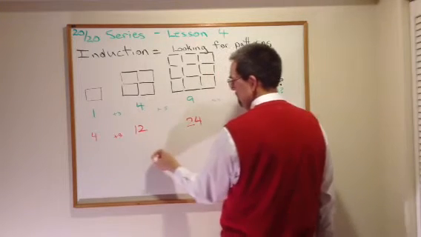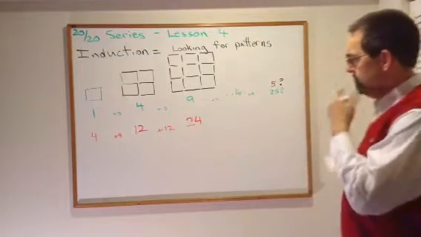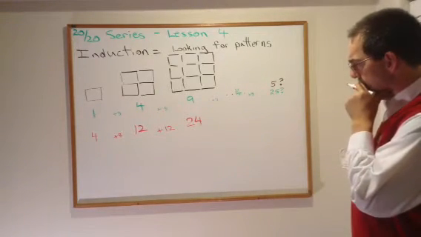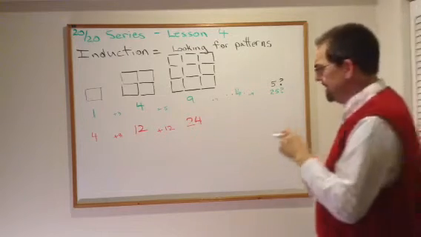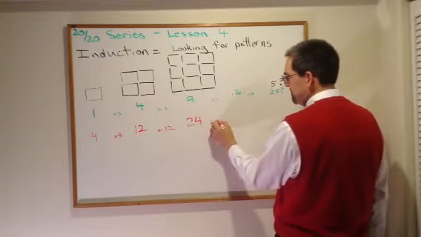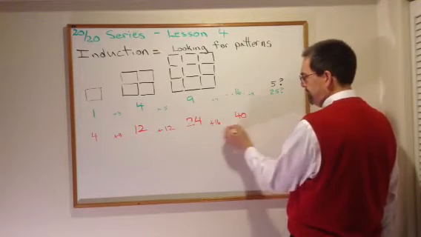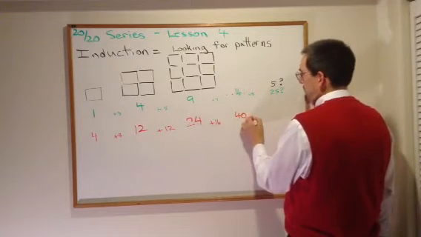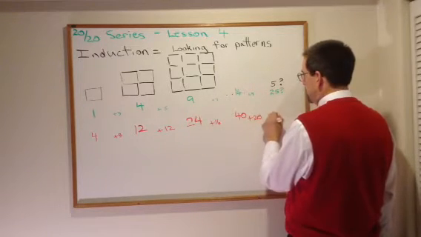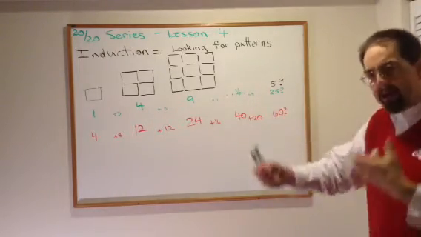Added 8. Added 12. You think 16? Which would be 40. Add 20. So 60. Kind of a guess, looking for a pattern.